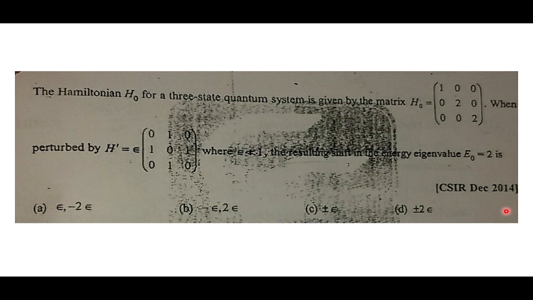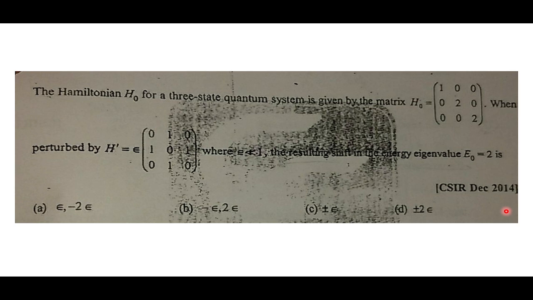Sorry, can you please repeat? You are Amit, right? Yes, hello sir. Yes, sir. So I'm saying that if we just find the eigenvalues of H dash, then it will give the answer, or does it mean something else? What is meant by the resulting shift?